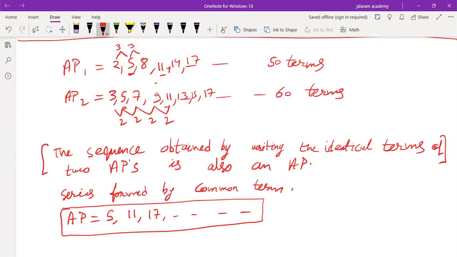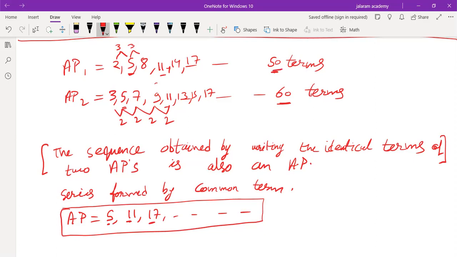So you can understand that 5 is the value of the first term, 11 is the value of the second term, 17 is the value of the third term, and the maximum value will be less than the 50th term of AP1 and less than the 60th term of AP2 as well, as the second AP goes till 60 terms and the first AP goes till the 50th term.